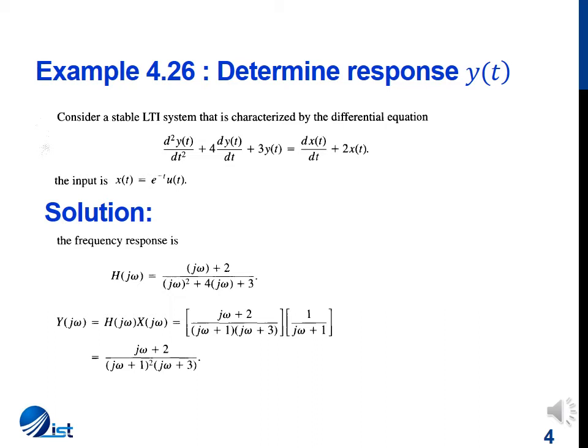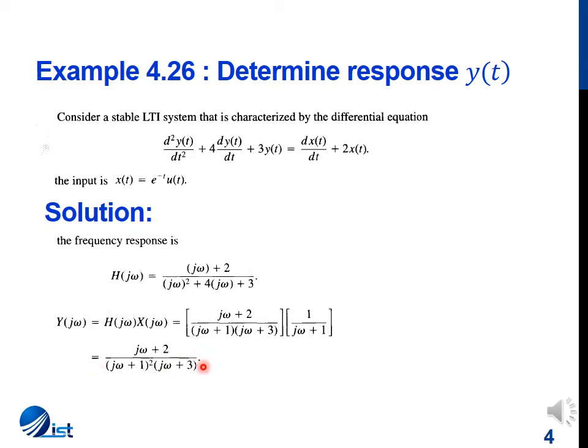So we know we have frequently used such an expression, e^(-t)u(t), in different examples throughout this chapter, and we know that the Fourier transform of such an expression is 1/(jω+1). So we multiply both H(jω) and X(jω) and we get this expression.